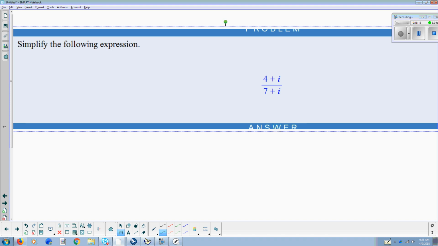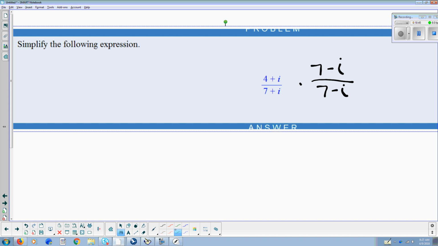The way that we rationalize the denominator is we multiply by the complex conjugate of the denominator, both in the numerator and denominator. So the complex conjugate of 7 plus i is 7 minus i. And I'm not allowed to multiply by some number out of thin air unless that is going to equal 1. So 7 minus i over 7 minus i is equal to 1.